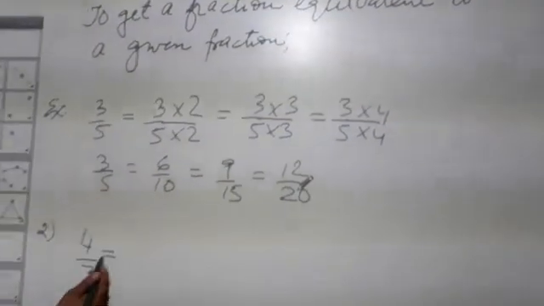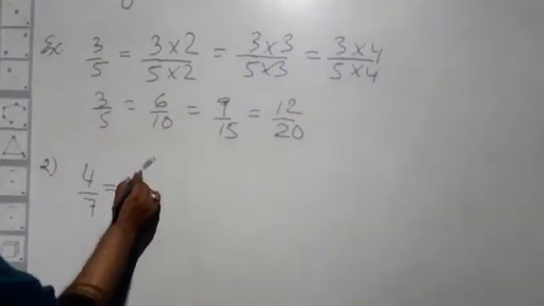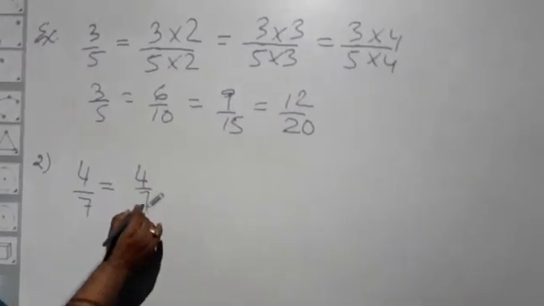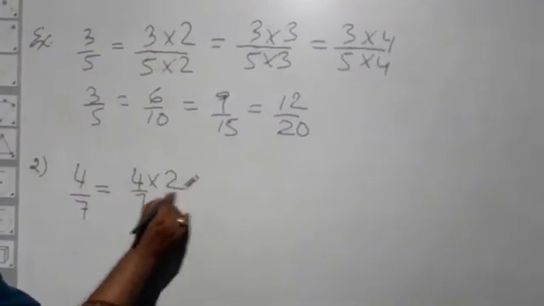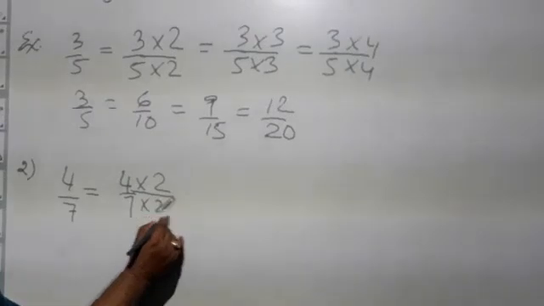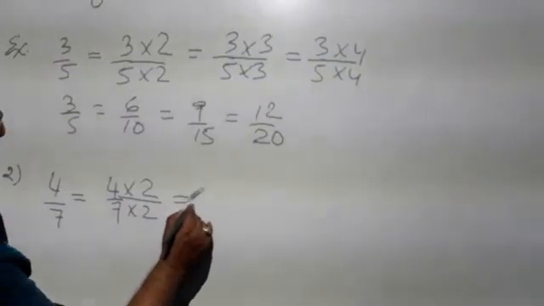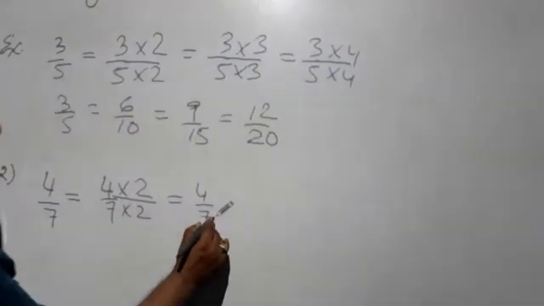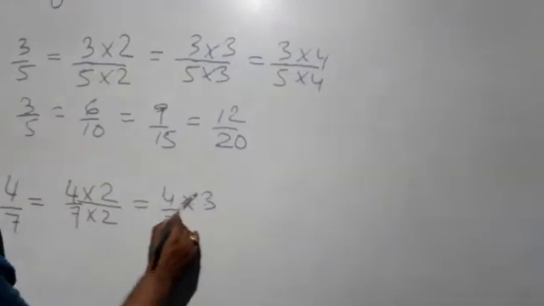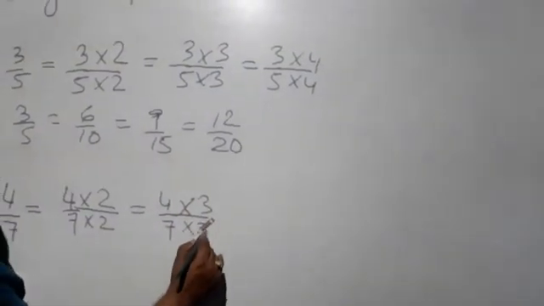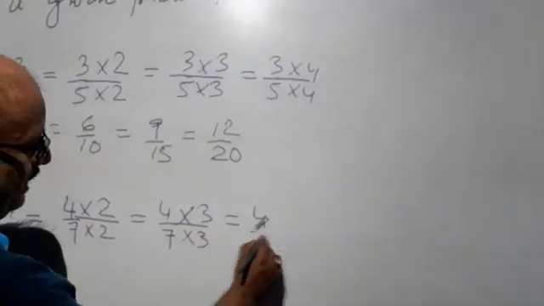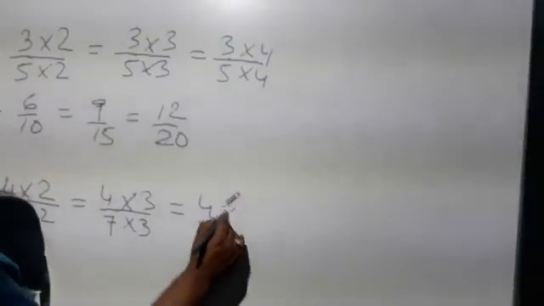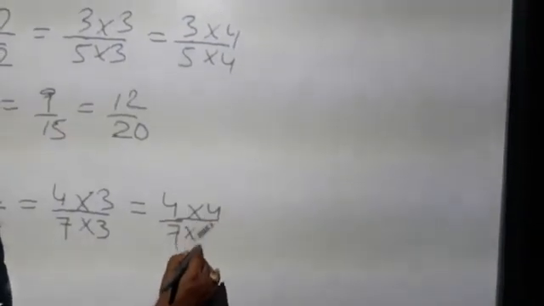Now coming to the equivalent fractions of 4 by 7. So 4 into 2 by 7 into 2, then 4 into 3 by 7 into 3, then 4 into 4 by 7 into 4.